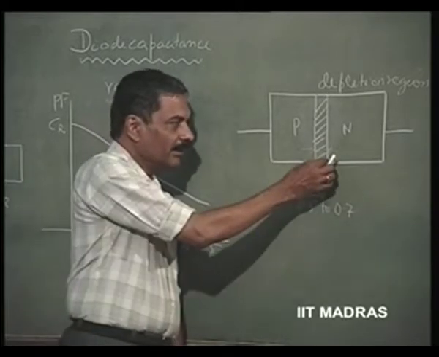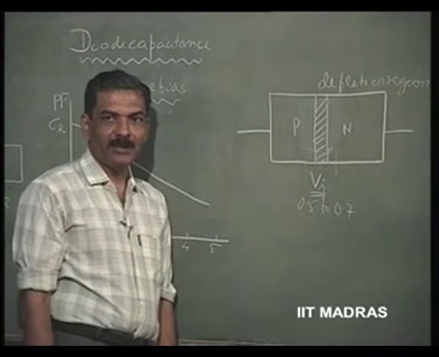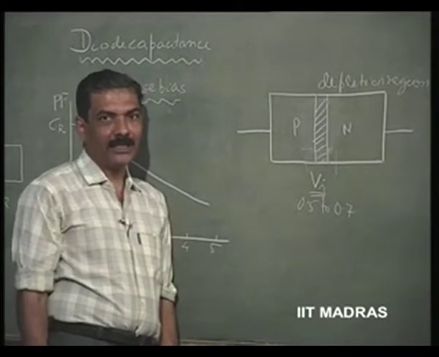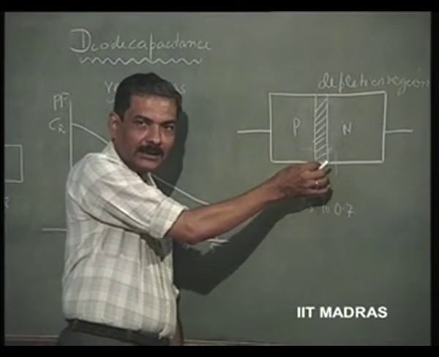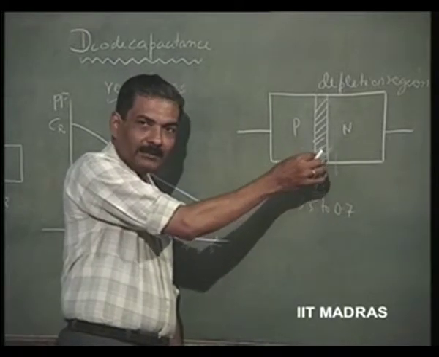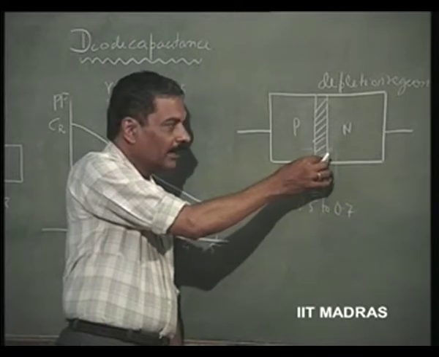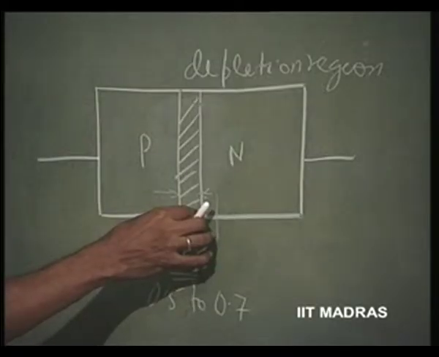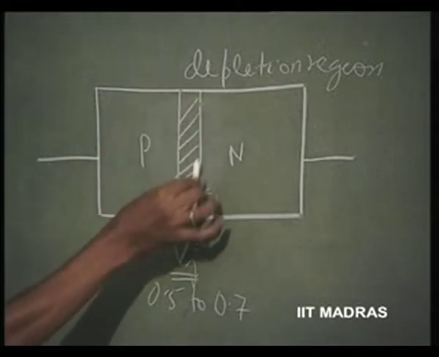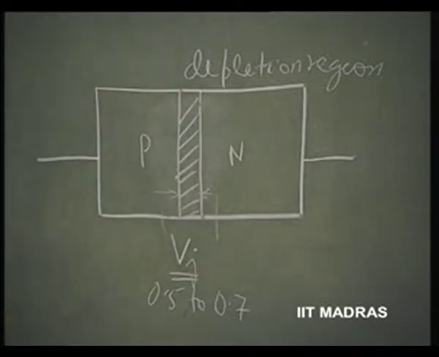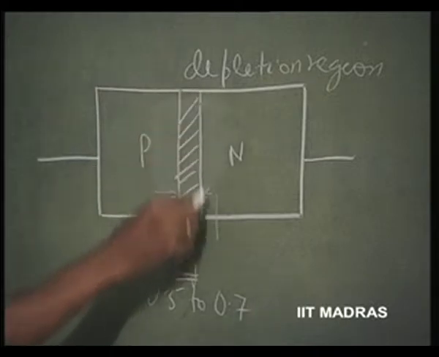So, this depletion layer width is dependent upon the bias. When it is forward bias, the depletion region width decreases enormously, and when it is reverse biased, it increases.